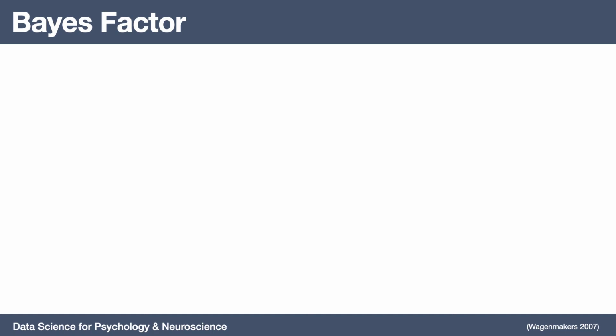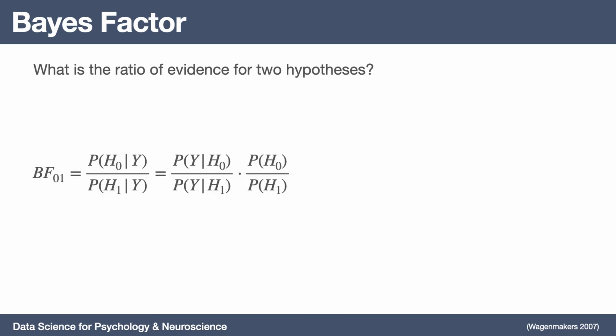This is essentially the concept of the Bayes factor. The Bayes factor takes those probabilities, or tries to estimate the probability of your hypothesis given the data, as a ratio of evidence against two hypotheses. And the ratio of evidence is the key part here. For example, if we wanted to calculate the Bayes factor of the null hypothesis against an alternative one, we'll use H0 for null and H1 for a research hypothesis.